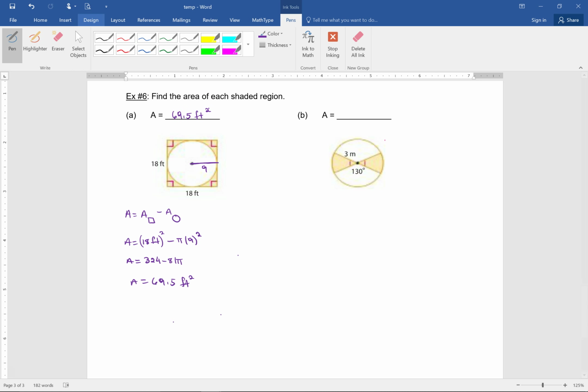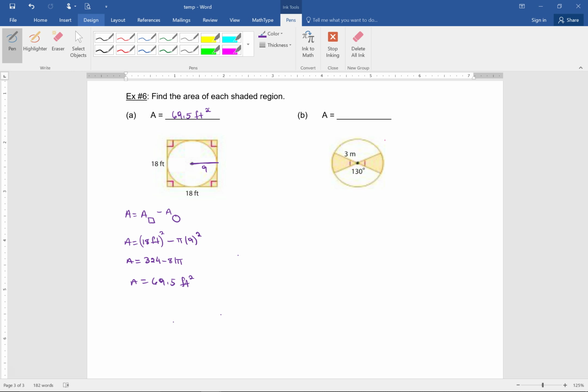All right. Here, what do we have? What's the outside shape? A circle. What about the unshaded region? What shape do we have inside? Are those triangles?